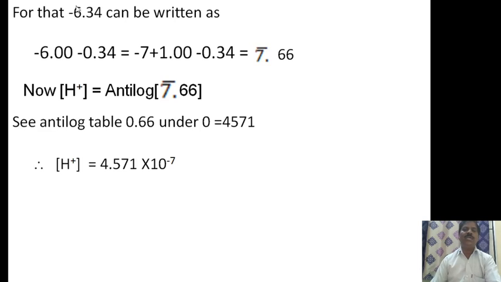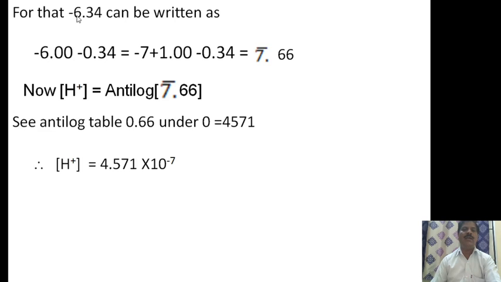This value should be removed from the 0, meaning you have to make it minus 6. It is split up into two parts: minus 6.00 and again minus 0.34.